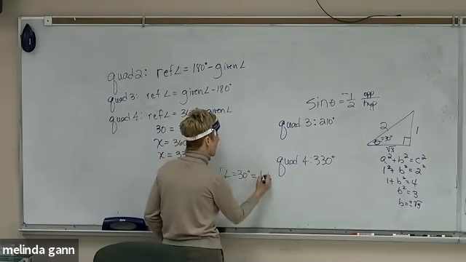What did you just tell me 30 was? Pi over 6. So do you see I get 7 pi over what? 6.